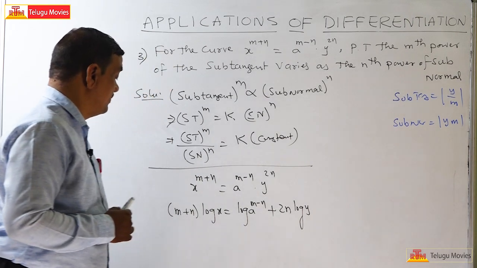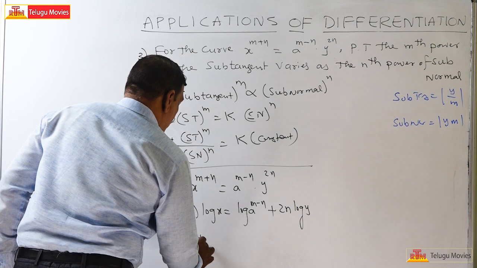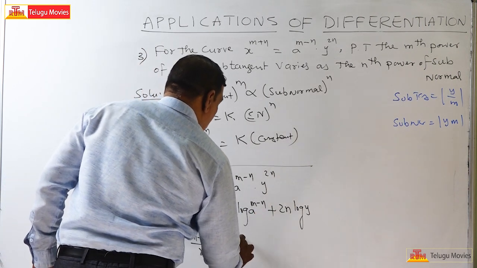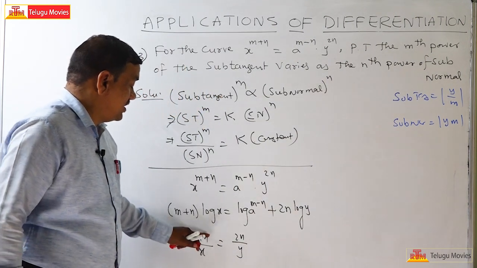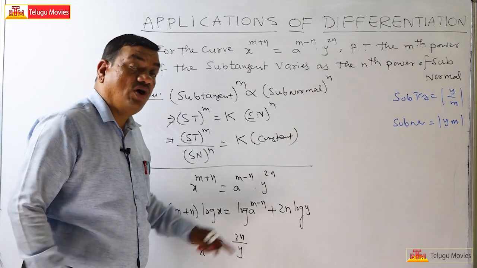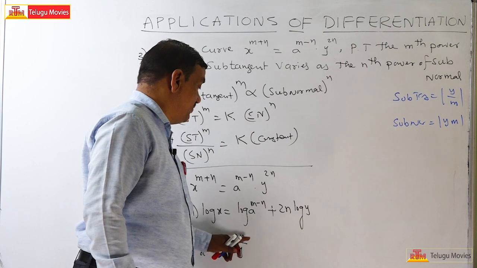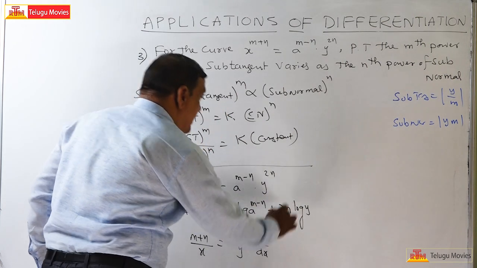Differentiating with respect to x on both sides, (m+n)/x = 0 + 2n into 1/y into dy/dx. Log x derivative is 1/x, log of a^(m−n) is a constant, and log y derivative is 1/y into dy/dx.